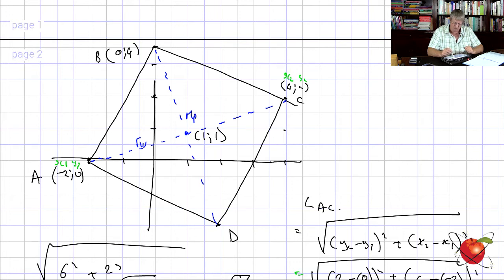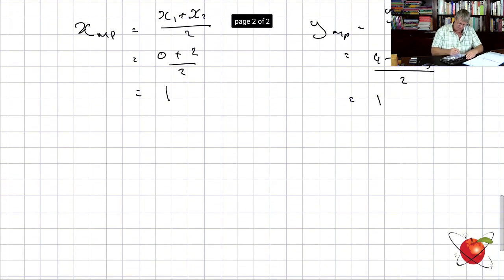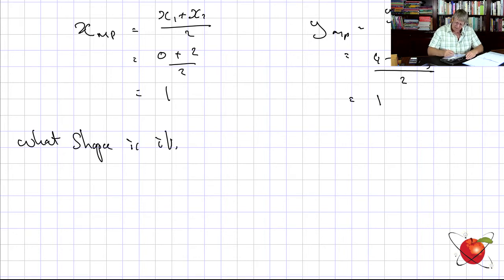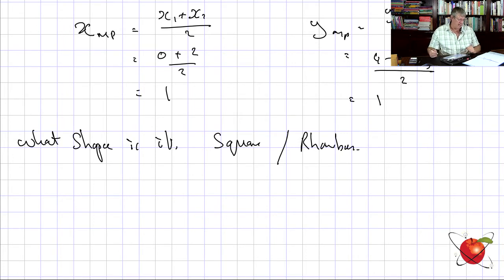They have asked us, what shape is it? Well, it looks like it could be a square, or it could be a rhombus, couldn't it? How do we prove a square or a rhombus? Well, for a square, we need a corner at 90 degrees and the length of that equal to the length of the other sides.